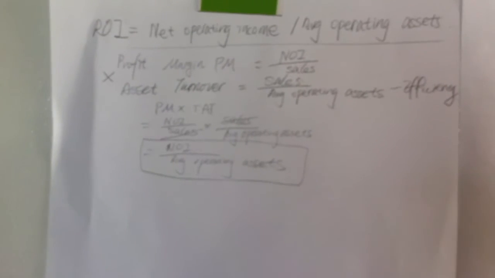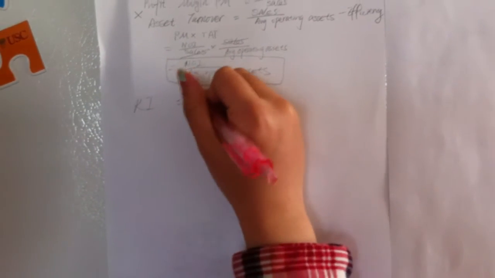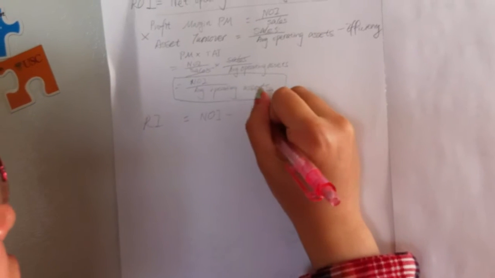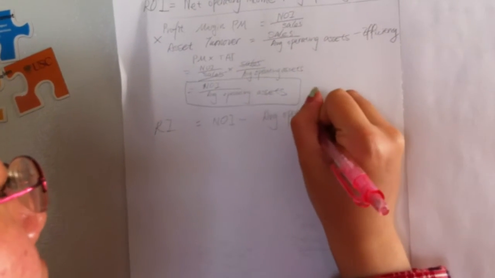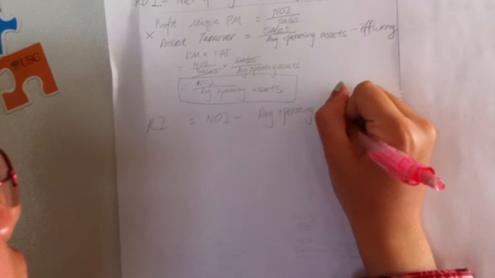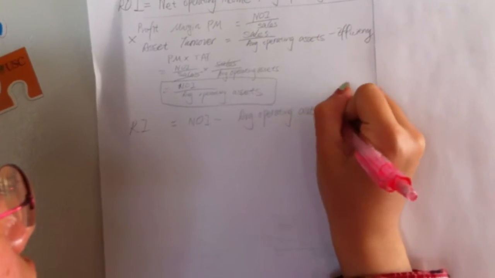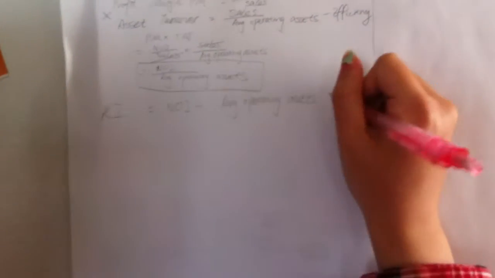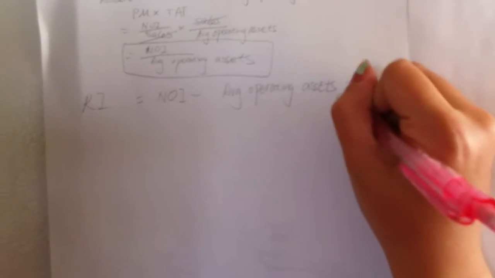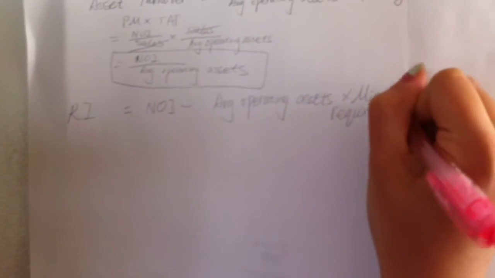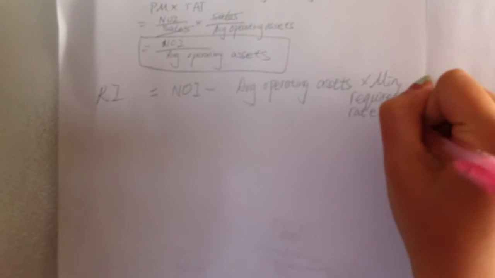Now let's touch upon the second concept, which is called the residual income. The residual income is basically the net operating income minus average operating assets times minimum required rate of return.